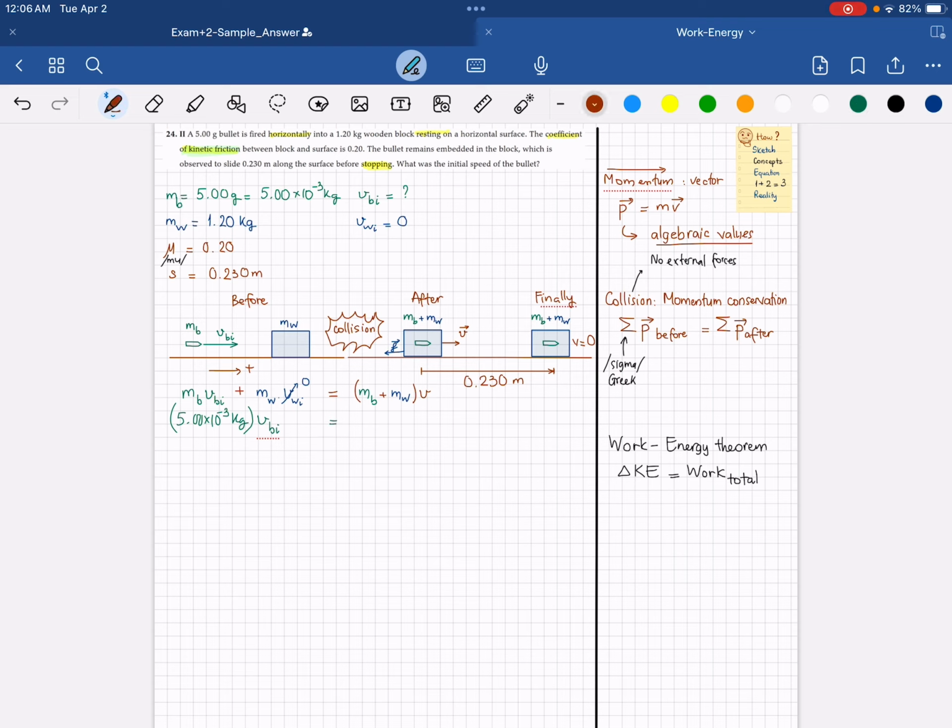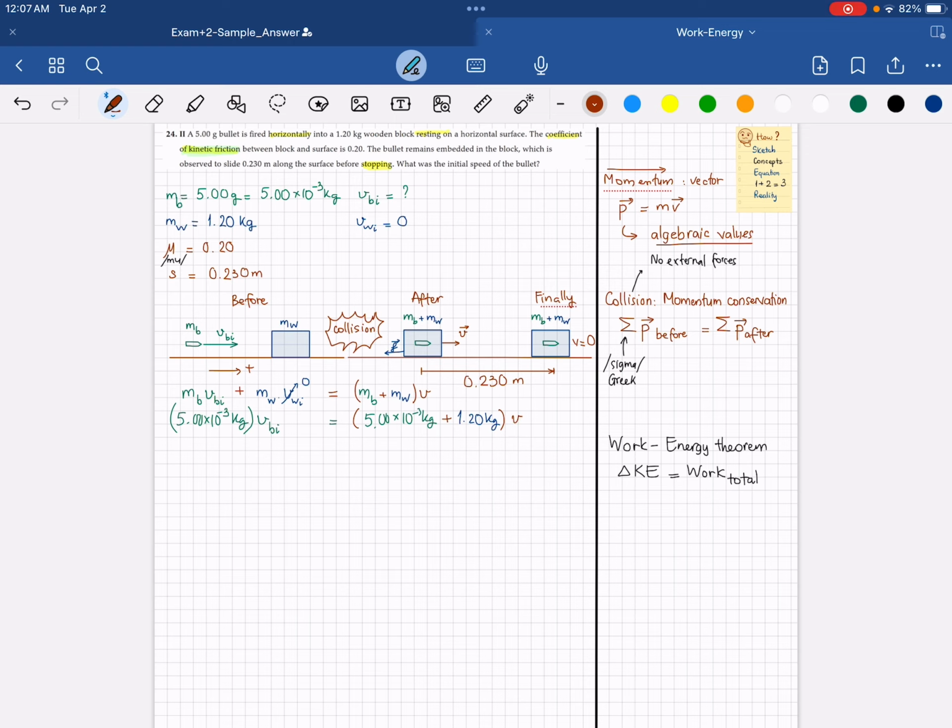Then we have this one again, 5 times, converted to kilograms. And then we have the golden block, which is 1.20 kilogram, and they move together with some v.